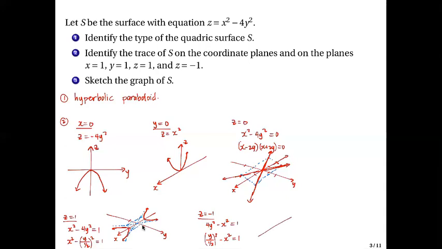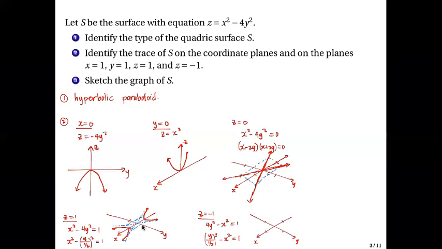So let's have that. This is your x. This is your y, positive y in here. This is positive 1 for x, negative 1 for x, positive 1 for y, negative 1 for y.